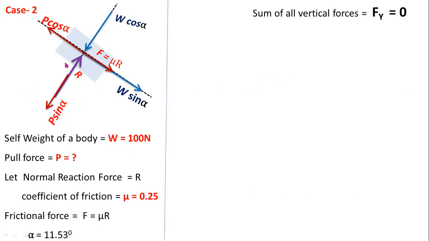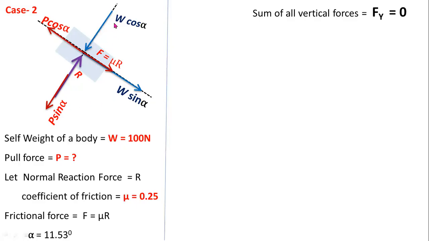Now resolve all the forces parallel to the inclined plane. Here there are three forces: P cos alpha, F equal to mu R, and W sin alpha. These three are the forces along the inclined plane.